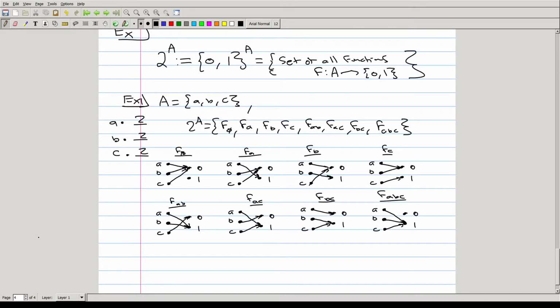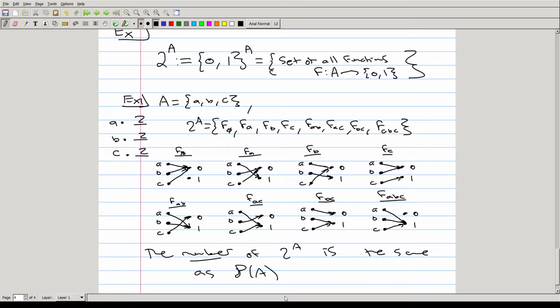You can see very clearly that the cardinality of the set 2 to the A, the number of elements, is the same as the power set of A, the number of subsets of the set A. And this construction gives us a very, very general result a little bit later on.